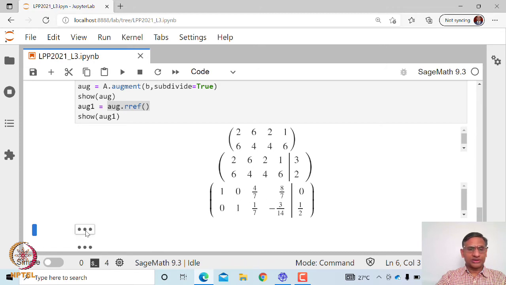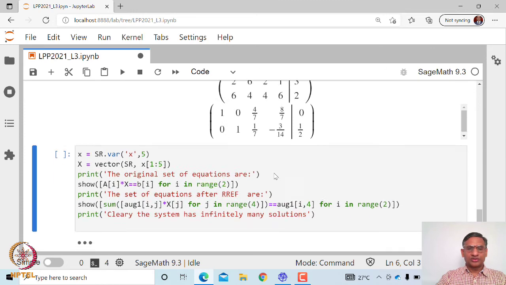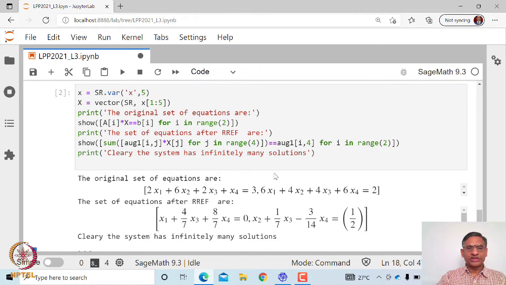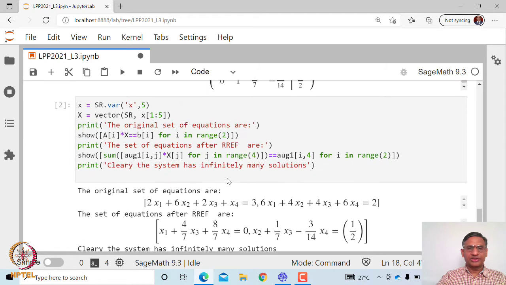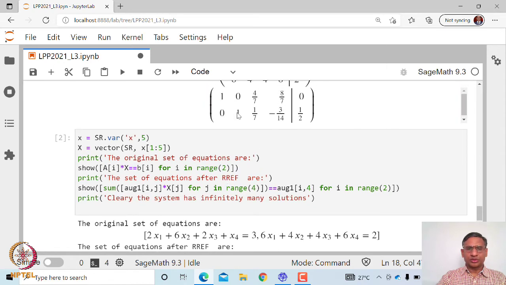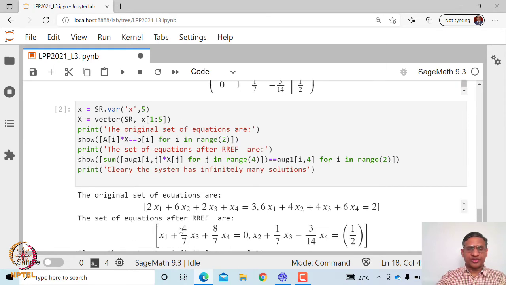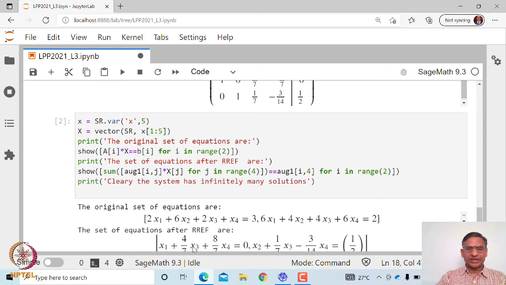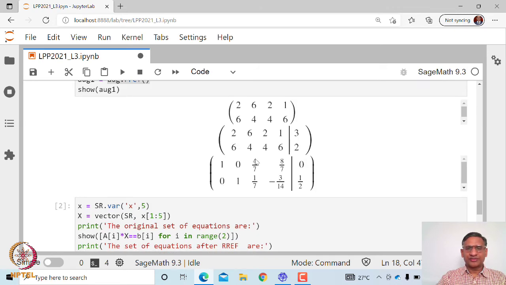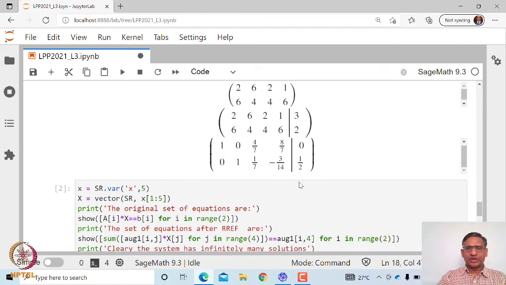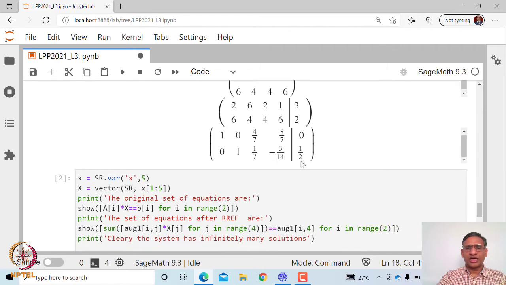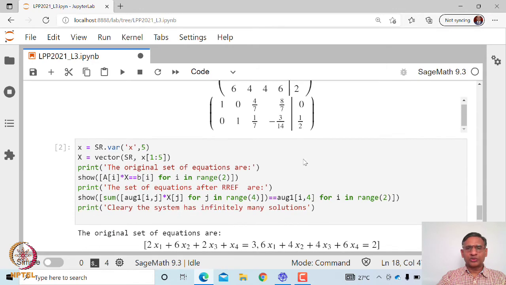If I look at the set of equations represented by these two, the original system was this, and the second, which is represented by this RREF, is given by x1 plus 4/7 times x3 plus 8/7 times x4 equal to 0, and x2 plus 1/7 times x3 minus 3/14 times x4 is equal to half. So you can see here that (0, half) is one of the solutions.